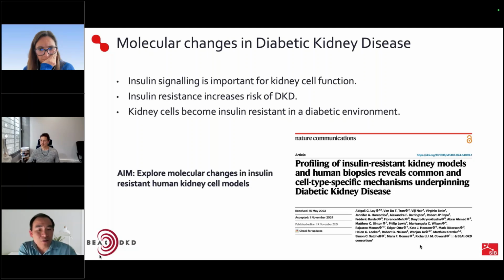And kidney cells will become insulin resistant in a diabetic environment. So in this paper that we published a couple of months ago with the BEAt-DKD IMI project consortium, we explore the molecular changes in insulin-resistant human kidney cell models.